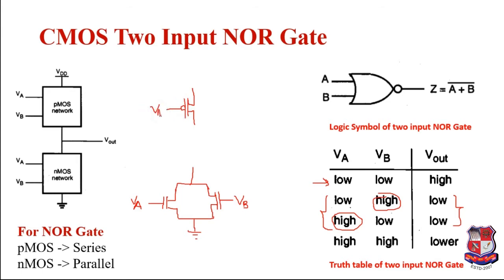VA is one of our inputs, and another input is in series with this PMOS transistor, that is our VB. Now both will be connected, and here at this point we will have the output Vout. And here we have to provide VDD.